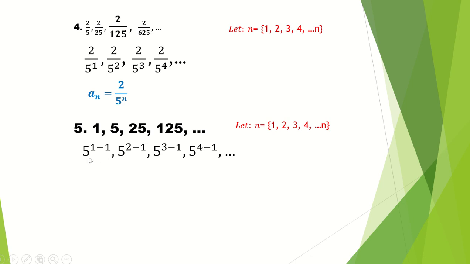So, 5 raised to 1 minus 1, this is the position. 5 raised to 2 minus 1, and so forth. Therefore, it's 5 raised to 0, 5 raised to 1, 5 raised to 2, 5 raised to 3, and can be simplified as explicit formula a sub n is equal to 5 raised to the quantity n minus 1.